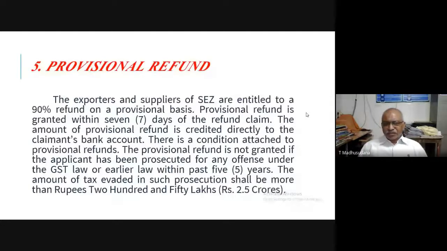That means you have claimed the refund. It is directly within 7 days of claim of refund, that is 90% of the tax paid by the exporter, refunded within 7 days in his bank account.